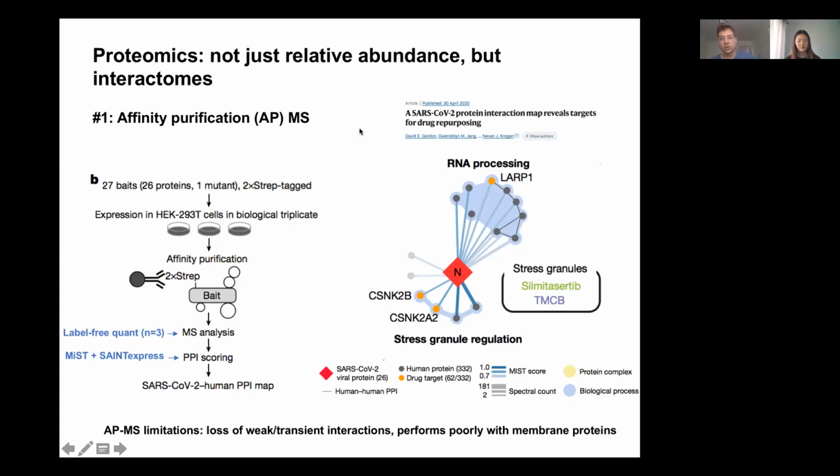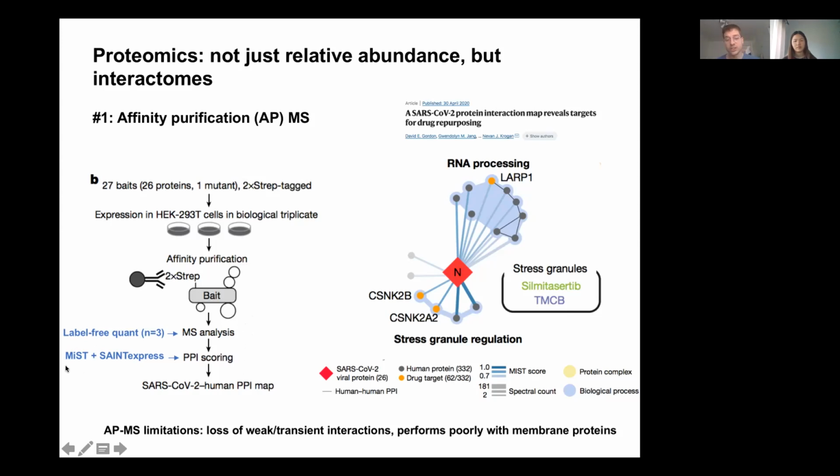One really cool example is a paper from the Krogan lab, where they took all of these SARS-CoV-2 proteins, put them in strep tag vectors, expressed them in HEK cells, and then did affinity purifications. They did label-free quantification, as I described earlier.